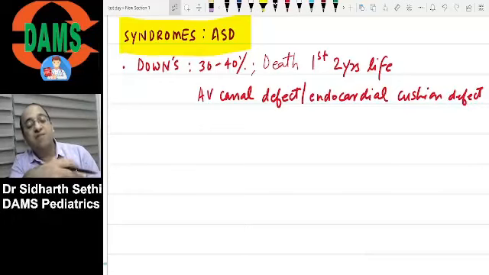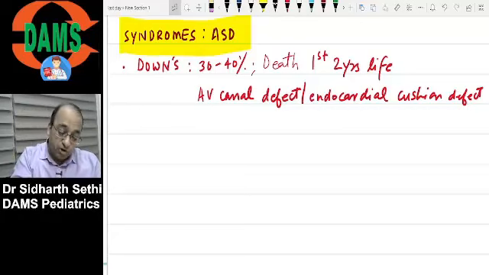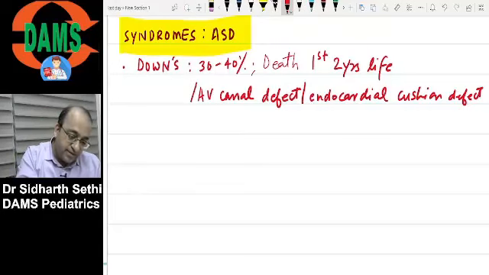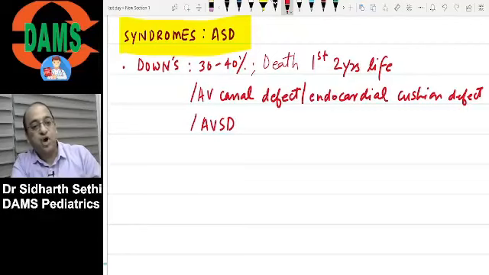Our septa are formed from cushions. These cushions grow up and down and they make the atrial septum and the ventricular septum. So remember, the most common heart disease in Downs is AV canal defect, or AV septal defect, or an endocardial cushion defect. Now listen to me carefully, all of you.